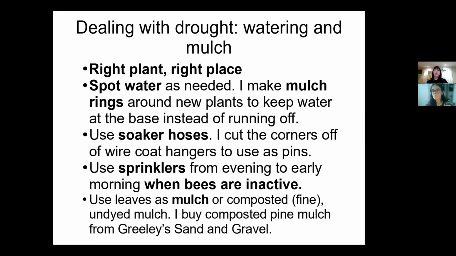And sometimes I just have to use a sprinkler when you haven't had rain for a month. You just have to do what you have to do. And so I've used the lawn sprinkler. And if you do that, try to do it between dusk to dawn, when bees aren't as active.